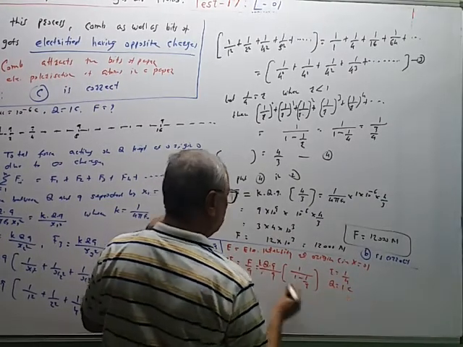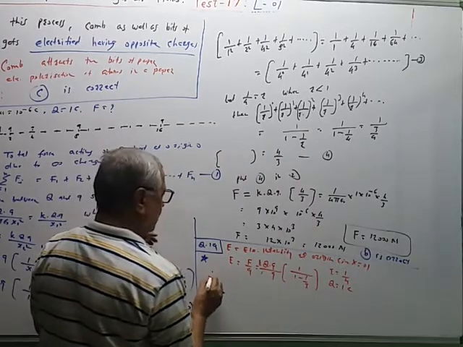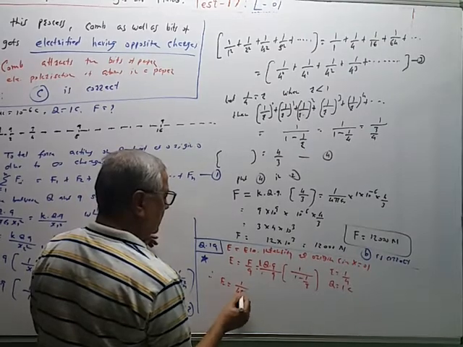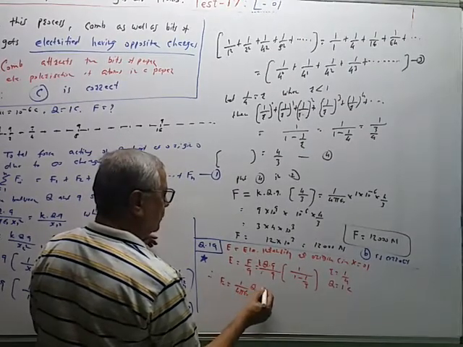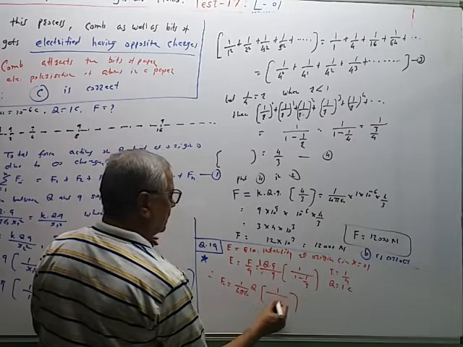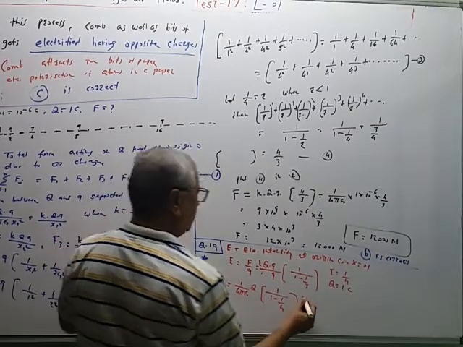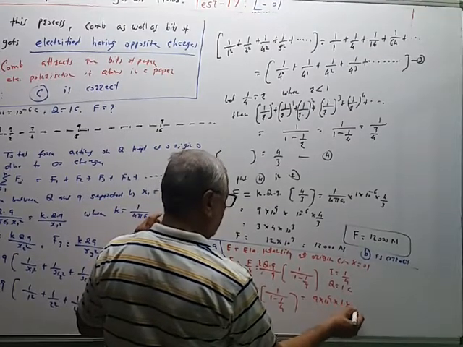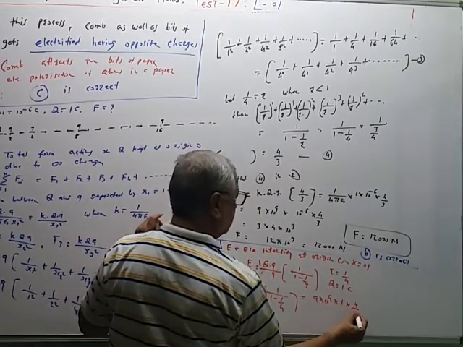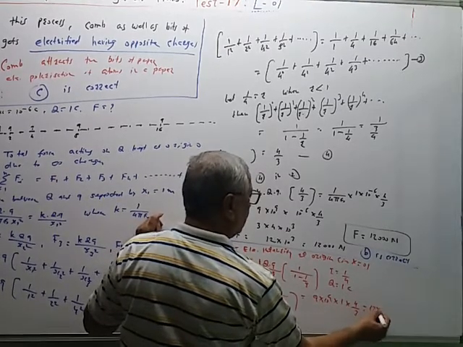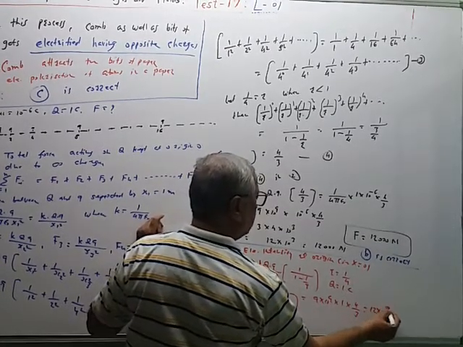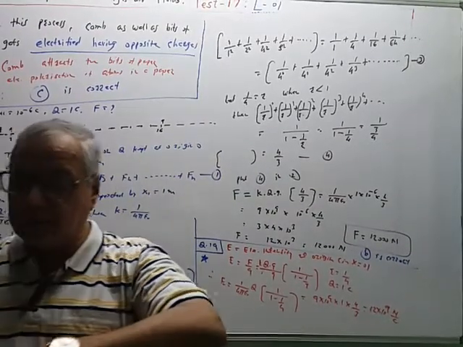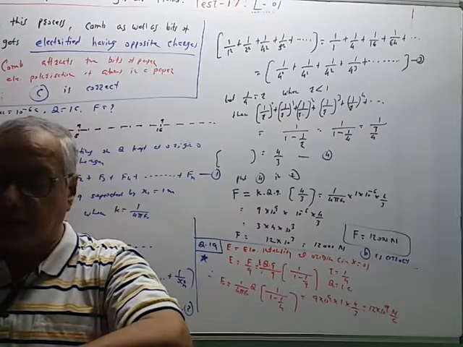Q is equal to 1 coulomb, so Q will get cancelled, and therefore intensity E is equal to 1 upon 4 pi epsilon naught into q into 1 upon 1 minus 1 by 4. So 9 into 10 raised to 9 multiplied by 1 coulomb multiplied by 4 by 3. That is equal to 12 into 10 raised to 9 Newton per coulomb.